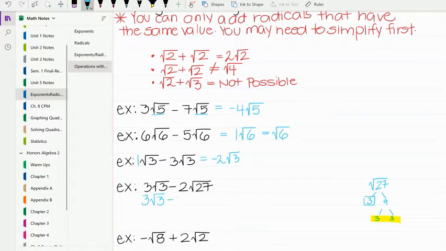Then I have minus 2 times 3 root 3, because root 27 is 3 root 3. So this would be 3 root 3 minus 6 root 3. Now these are exactly the same, right? So we can now subtract them. If I have 3 root 3's and I take away 6 root 3's, I'd have negative 3 root 3.